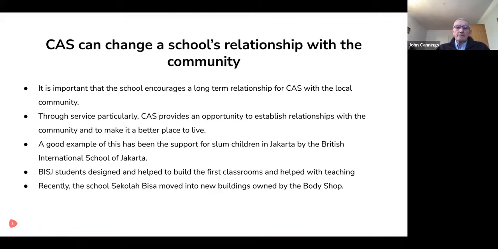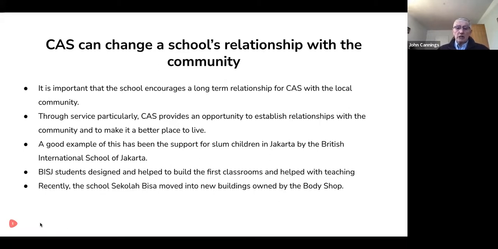And I think one of the things that CAS does is it can change a school's relationship with the community. It's important the school encourages a long-term relationship for CAS with the community. Through service particularly, CAS provides an opportunity to establish relationships with the community and to make it a better place to live. A good example I've seen is the support for slum children in Jakarta by the British International School of Jakarta.